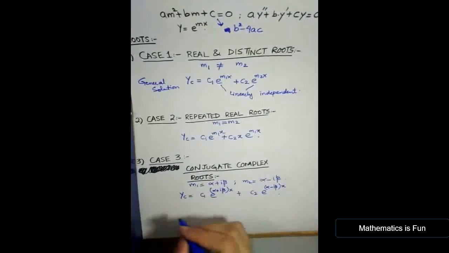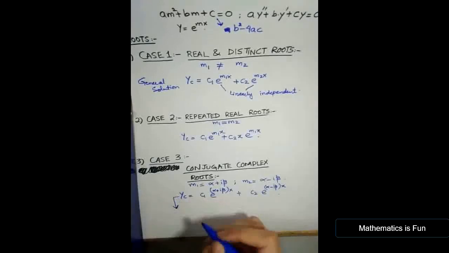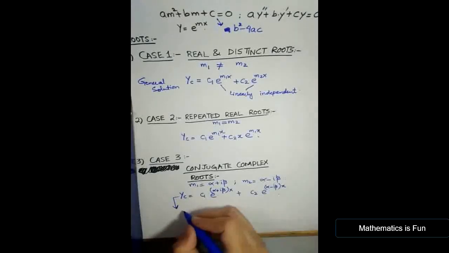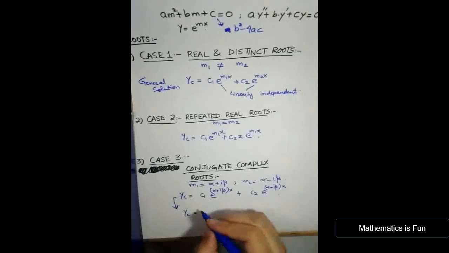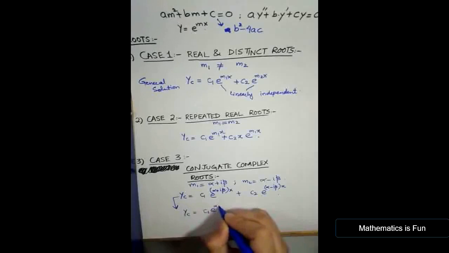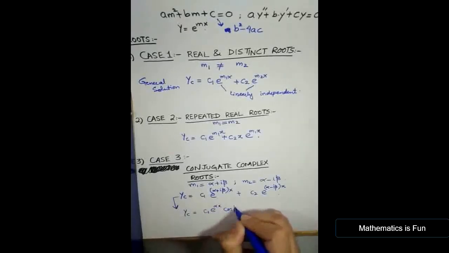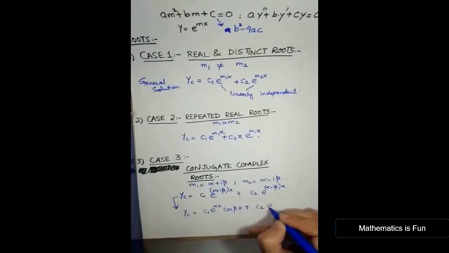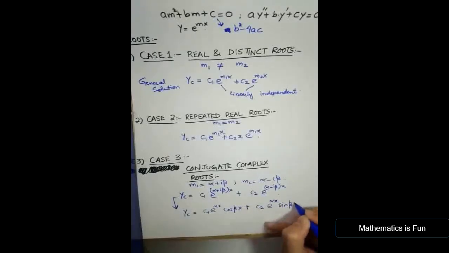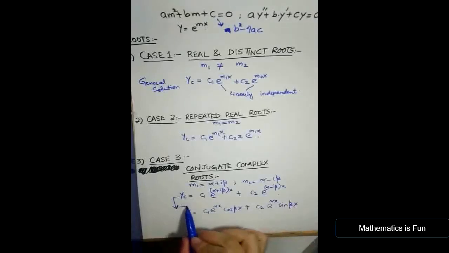The solution eventually, finally, you just have to remember this final statement: c1 e to the power alpha x cos of beta x plus c2 e to the power alpha x sine of beta x. So that will be the general solution.